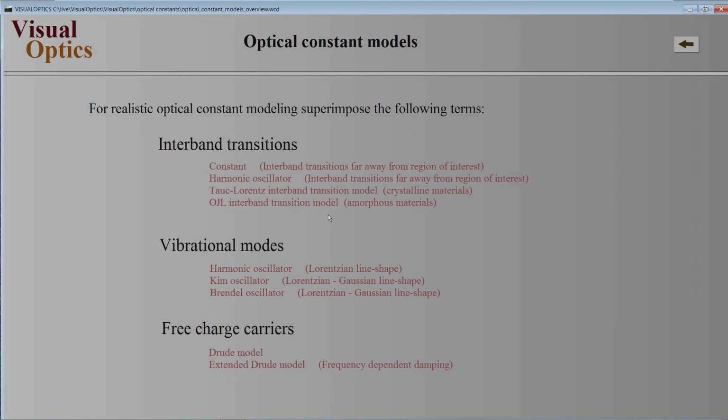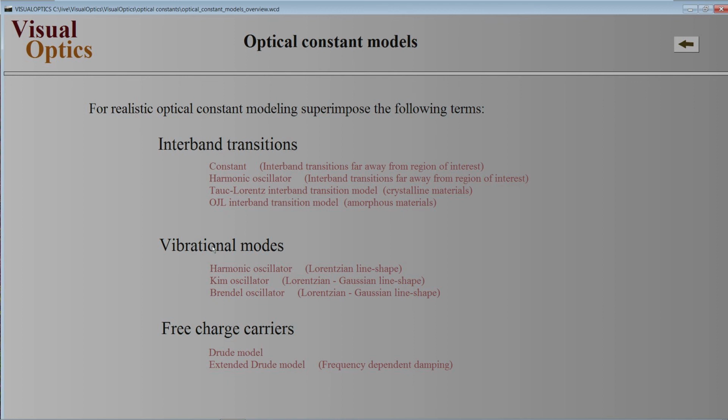For amorphous materials, for almost all oxides and nitrides, for sputtered materials, I recommend the so-called OGL interband transition model. This also has 4 parameters, and this generates the right shape of N and K for most materials that I know which have been obtained by sputtering. A very nice model that just reflects the optical properties that we see for those kinds of materials.